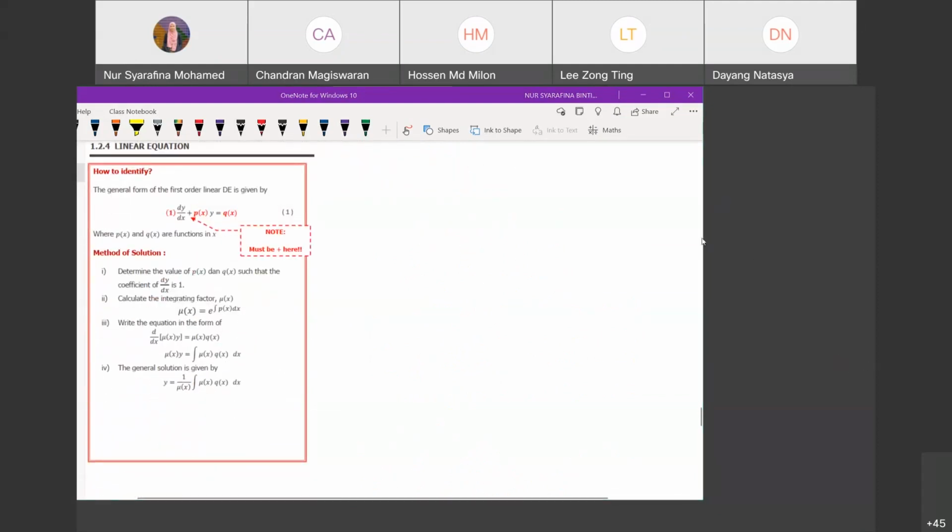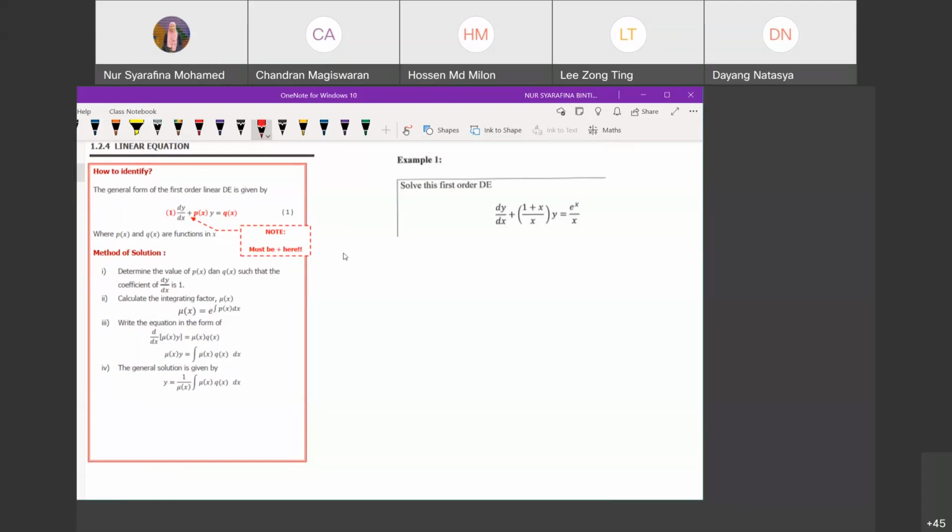Okay, so how can we identify the linear equation, the linear differential equation here? Okay, let's do this together with the first. Okay, now how to identify?